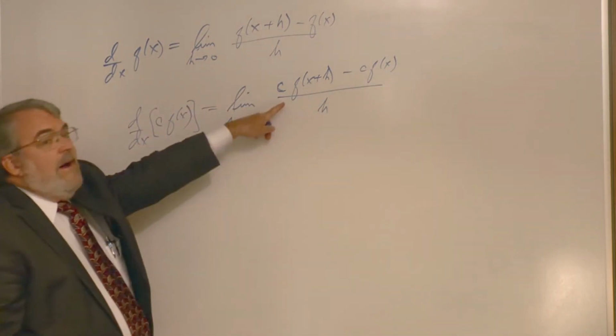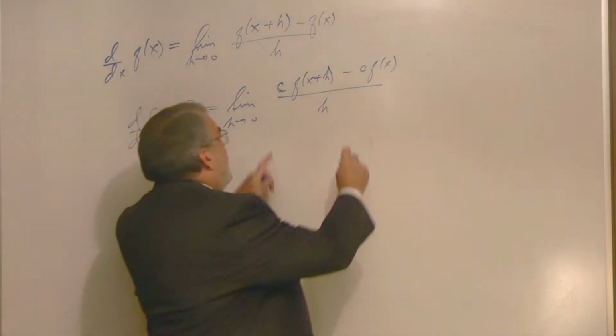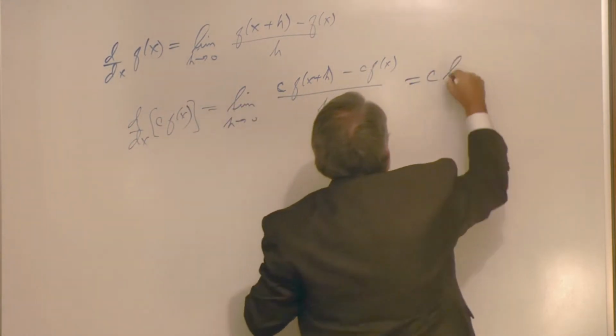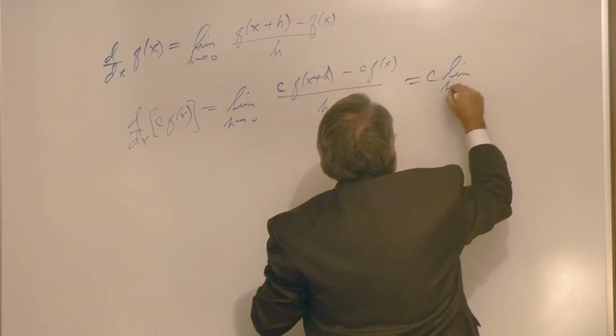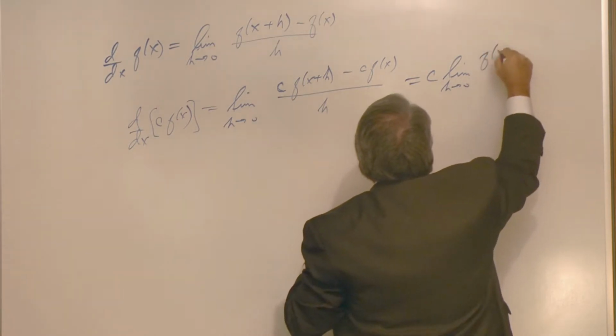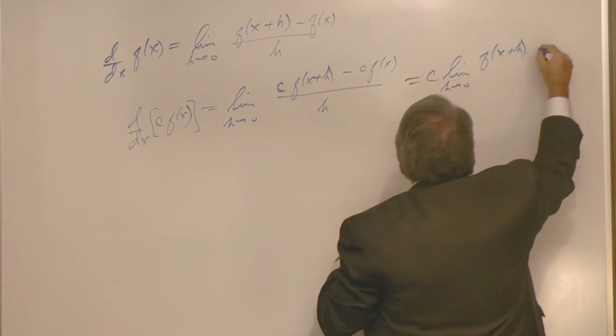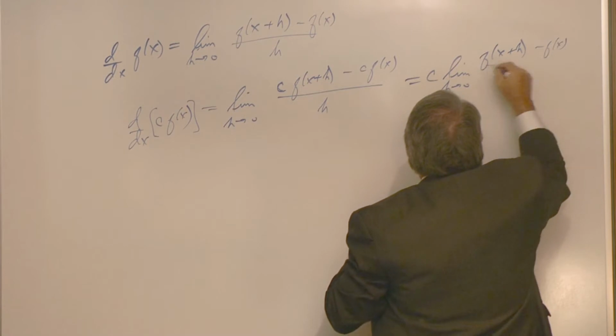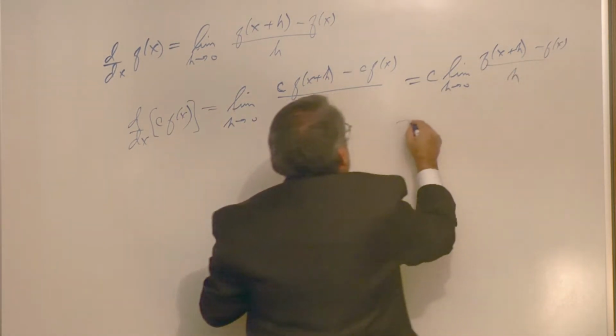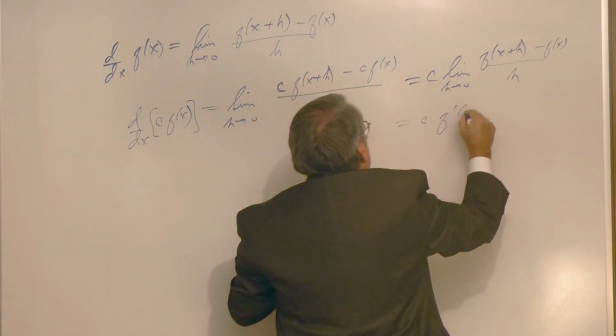Now look at this, we can factor out the constant from here, and I'm just going to get the constant times the definition of the derivative. And so this is c times f prime of x.